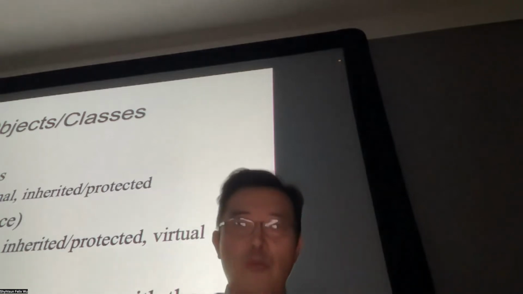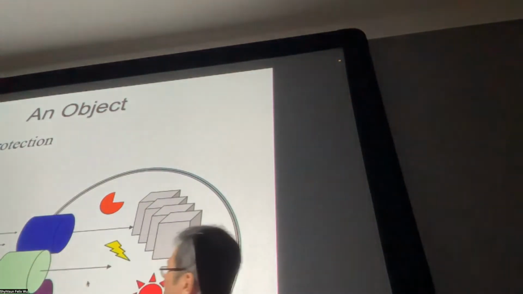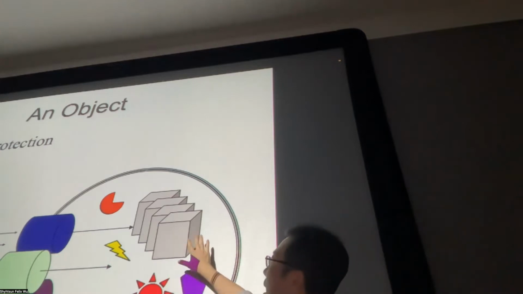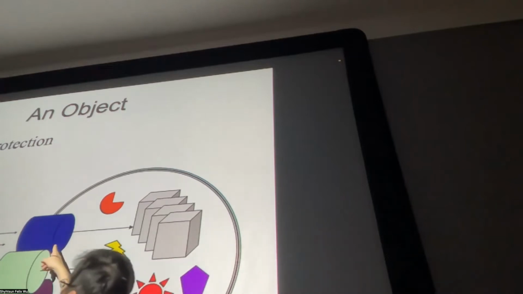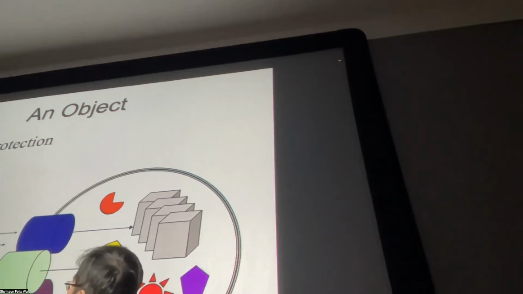So let me show you graphically how it looks. Usually the way I draw it, it looks like this. This is an object, it's a circle. Within the object, I have a bunch of data. I'll show you a real code example in a moment, but right now, let's just look at the picture. So I have a bunch of data put inside this object. And then I have a bunch of interface or methods provided to other programs, and when they try to use this object, they're going to call one of these methods.